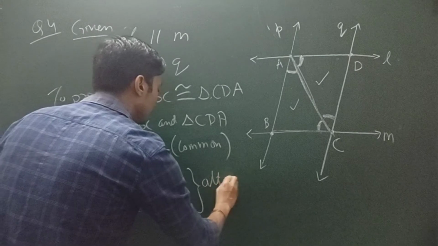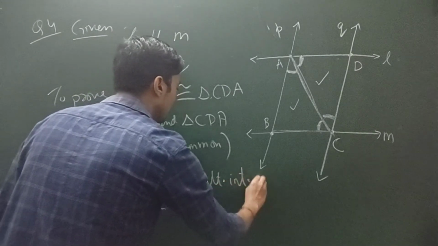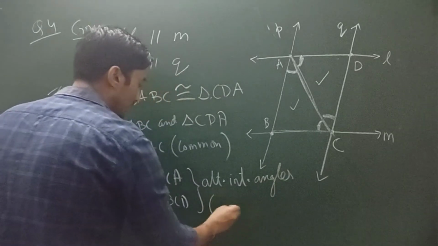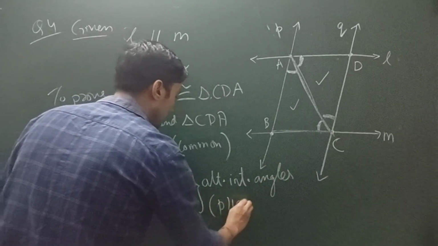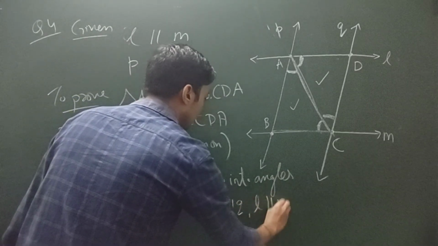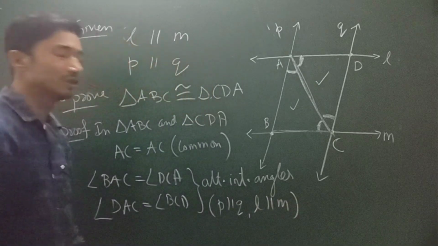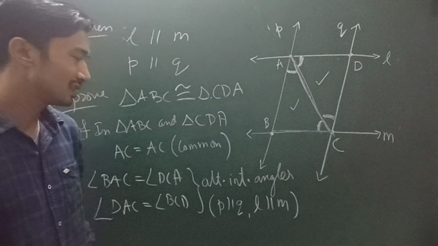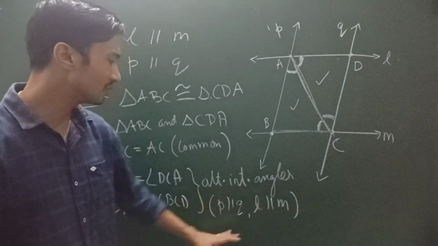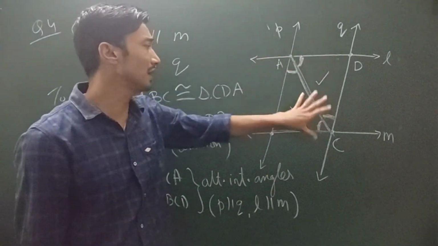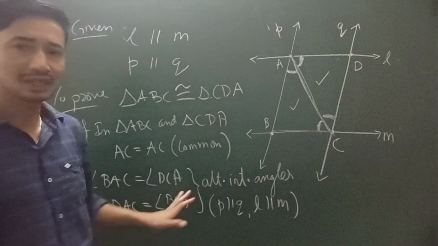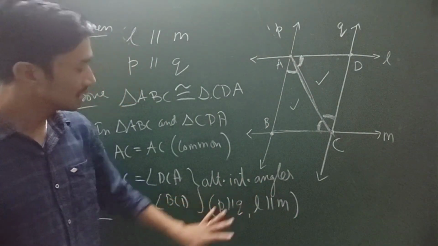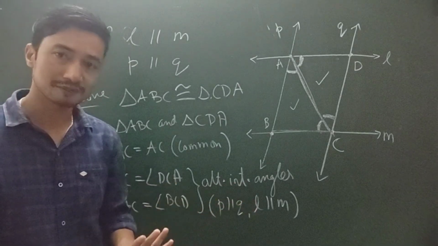Now why is this? They are alternate interior angles. In short only I am writing. Why? Because P is parallel to Q, L is parallel to M. And this should be enough. No need to write so many things in detail. That's one problem with our system. This is understood already, because these two lines are parallel, that's why they are alternate interior angles. Once the teacher gets the idea that this guy knows what he's doing, I think that's enough.